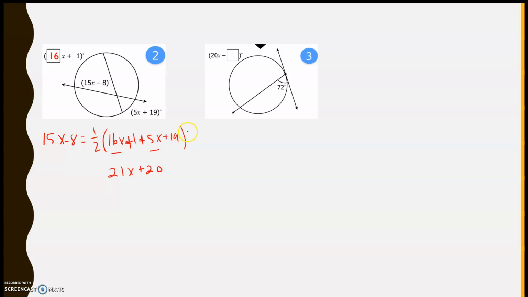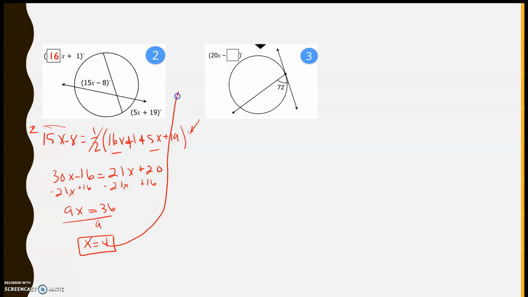And I'm going to multiply both sides by 2 just so I can get rid of this and then multiply over here by 2. So I'm going to distribute here. So 21x plus 20 is going to be equal to 30x minus 16. Then subtracting 21x from both sides, I get 9x, and then adding 16 to both sides, I get 9x is equal to 36, which means x is equal to 4. And with that, 4 is going to go into your answer for number 3. So 4 is going to go right here.